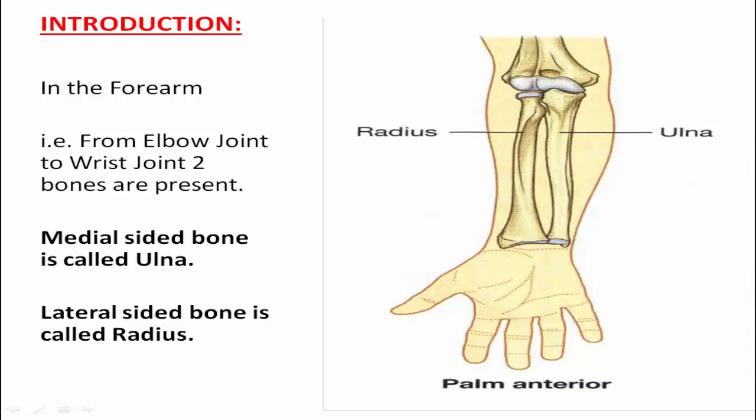In this region, as you see in this figure, the medial sided bone is called ulna and the lateral sided bone is called radius.